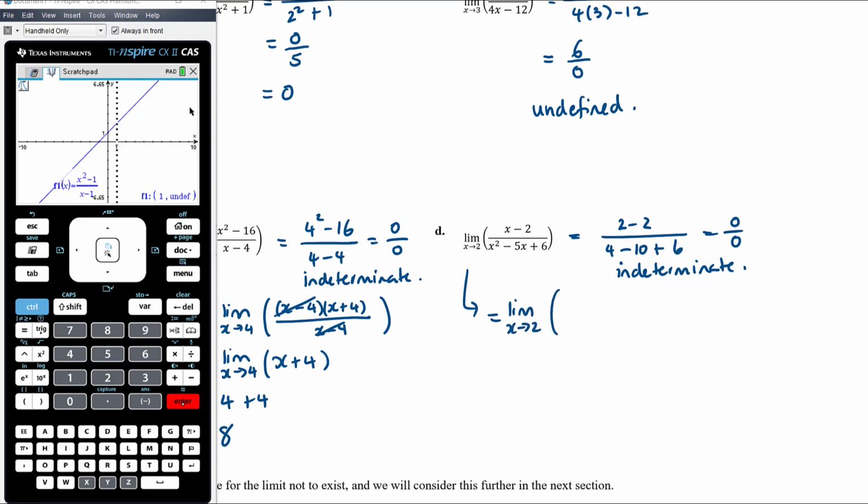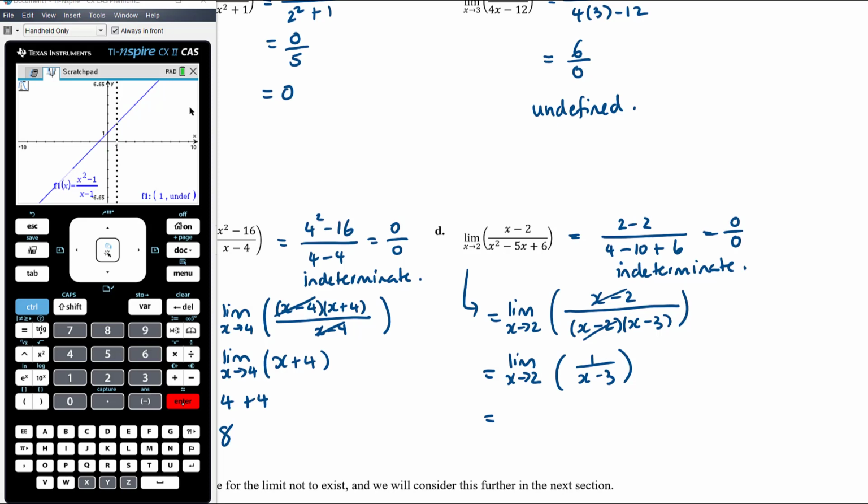Rule number 1 of trying to simplify an algebraic fraction is factorise everything, so you can see whether there's any common factors that will cancel. The denominator will factorise as x minus 2, x minus 3, and so therefore we can simplify this expression as 1 on x minus 3. And now we can substitute 2 into that without creating an indeterminate expression.